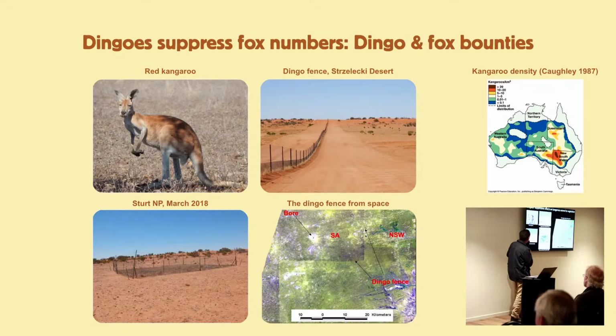And there's a map here where in the 70s, they did aerial surveys of kangaroos and showed that there's this massive concentration of kangaroos. This red area corresponds with that. So there's this concentration of kangaroos on the edge of the dingo fence in New South Wales and South Australia, where there's no dingoes.